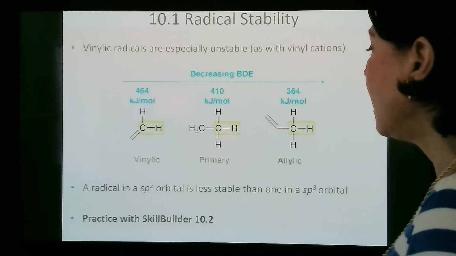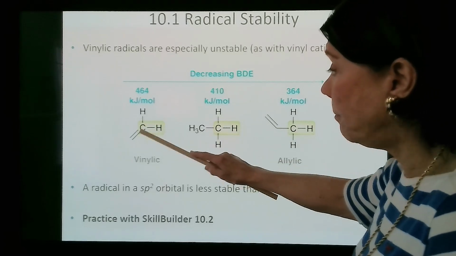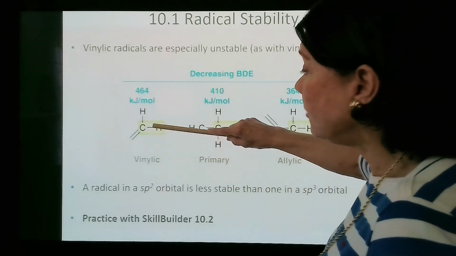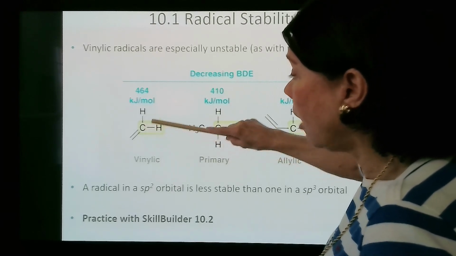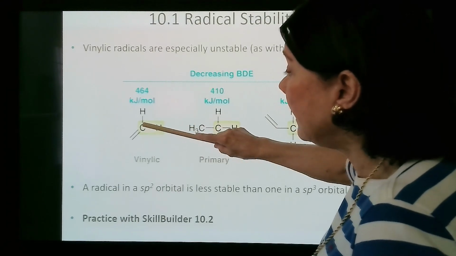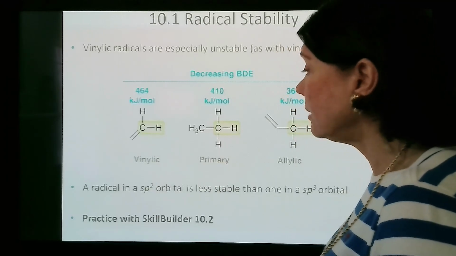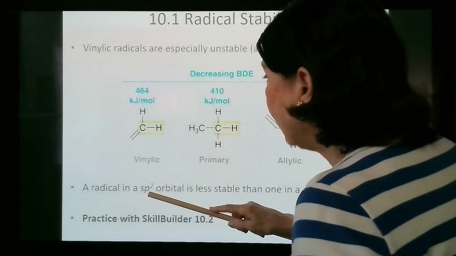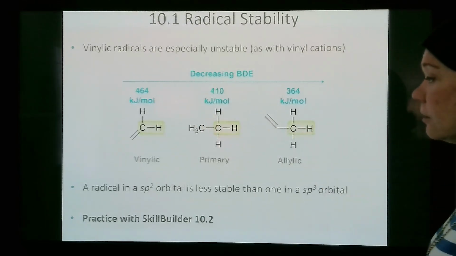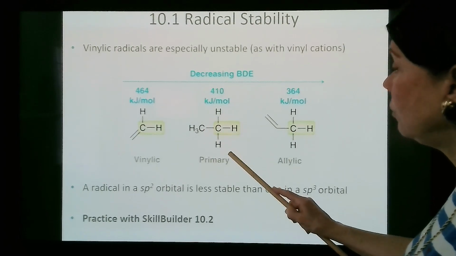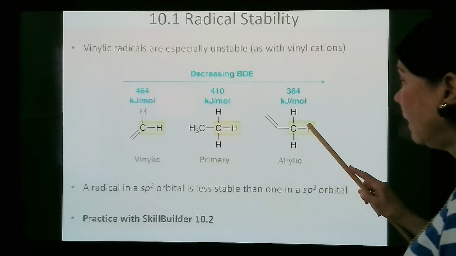Vinylic radicals, on the other hand, are not stabilized by the pi bond because here that electron that resides on carbon, once you break this bond, is not resonance stabilized. That electron is in an sp2 hybridized orbital. And so you can see that reflected by a higher bond dissociation energy. And here this is compared to that of the ethyl radical or the allyl radical.